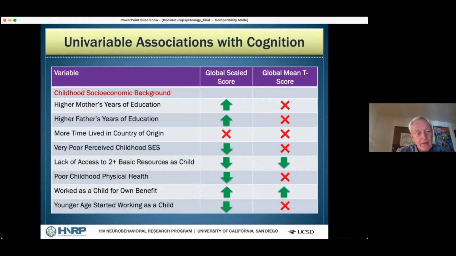We looked at the age at which they had to start working as a child, and that was not a good thing for scaled scores, but again, the T-scores corrected for that effect. Next.